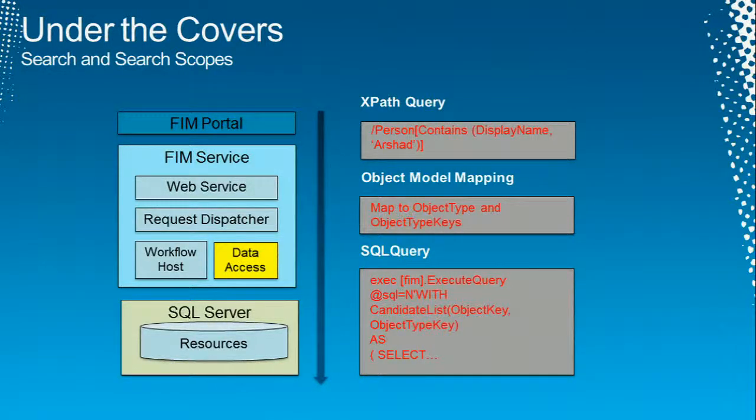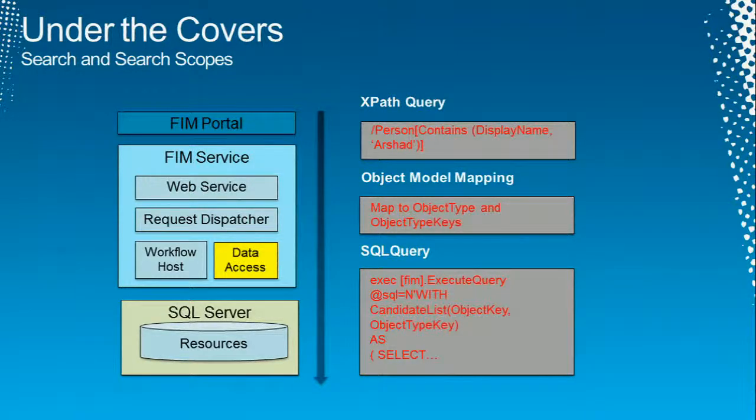This is a pretty standard XPath. It says, look at person objects, look at the attribute called display name, and see if it contains the name Arshad. Once the portal has converted the search string the user entered into an XPath, it submits that XPath to the FIM service.